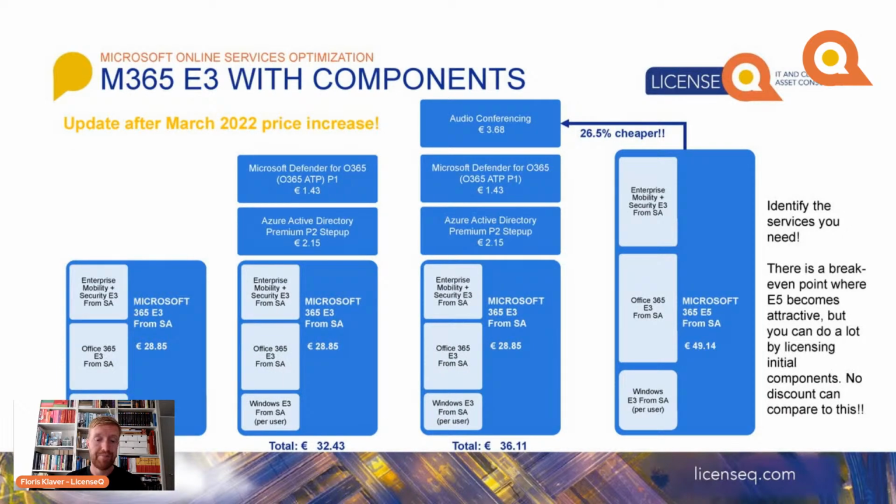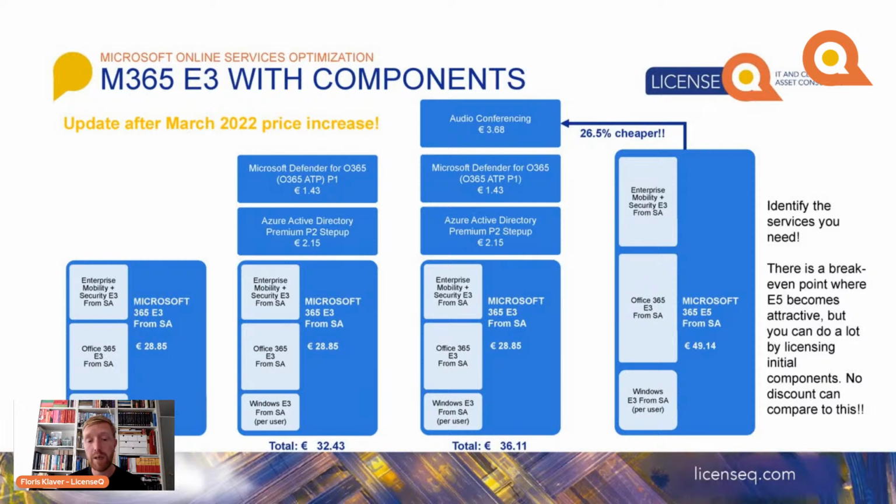But if you have a look at, for instance, just buying your requirements, it might be that you're way better off. So if you start with E3 and you identify that you have certain requirements for moving to the cloud, just buy those components. Not everybody needs Defender for Office 365 Plan 2, but it might be that Plan 1 suits you just fine, which is quite a cheap solution. And you might want to have some additional Active Directory Premium functionality and want to buy the P2 item.